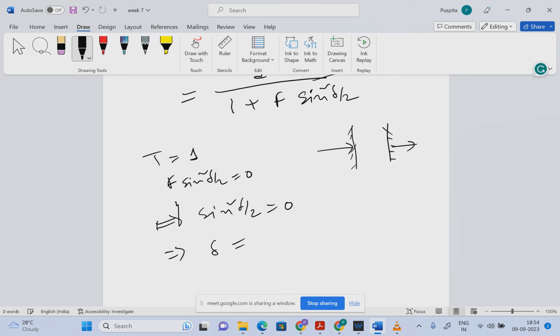So delta needs to be 2m pi, where m can be 1, 2, 3, and so on.